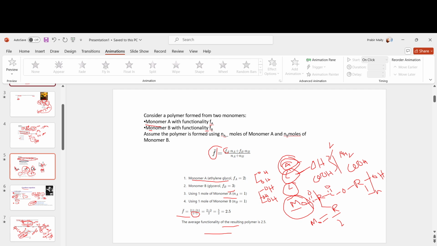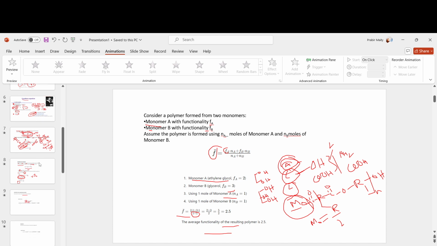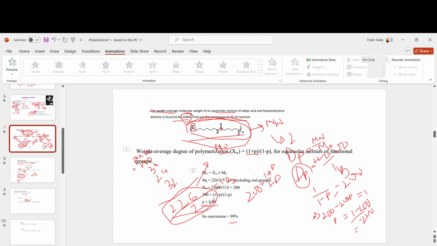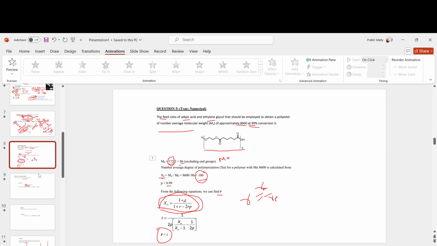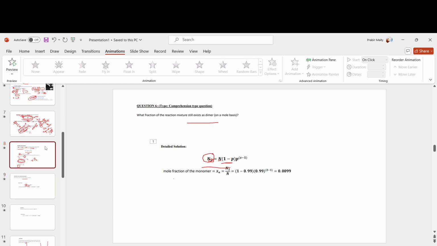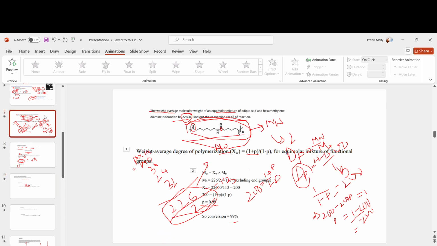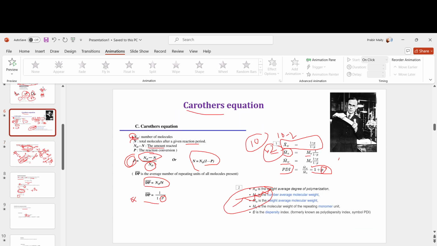Okay. So today's class, mainly if you know that equation, you can solve this problem. Maybe I will tell how this equation comes in the next classes. Generally you have to remember the equations, the relation between the degree of polymerization and the molecular weight.